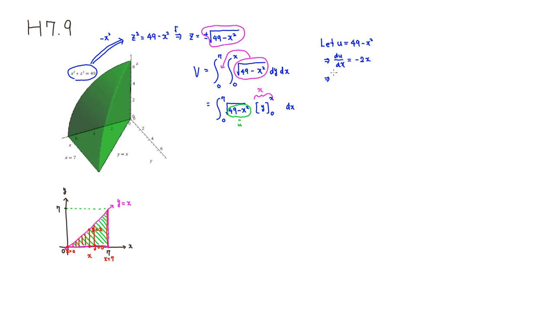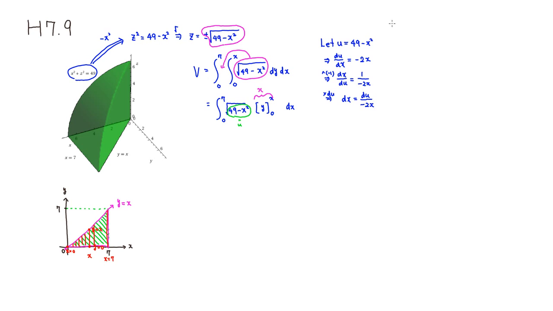Then take the reciprocal of both sides, you get dx over du, which is equal to 1 over negative 2x. Then we can multiply by du, so that dx is equal to du over negative 2x.